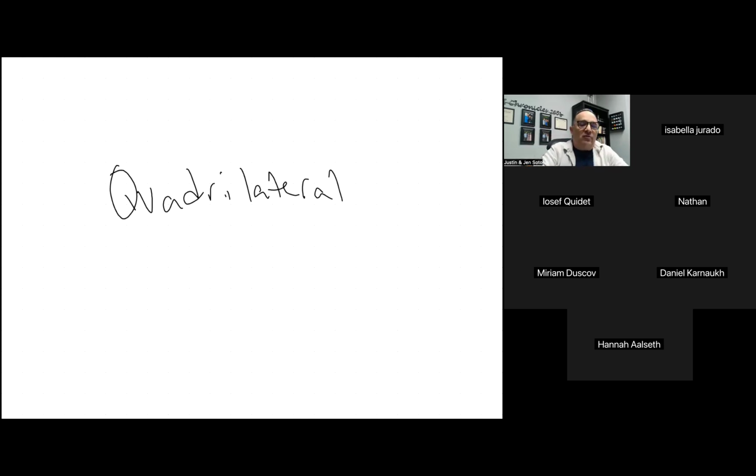A quadrilateral, in review, is a shape that's completely enclosed and has exactly 4 sides to it. It could be a square.